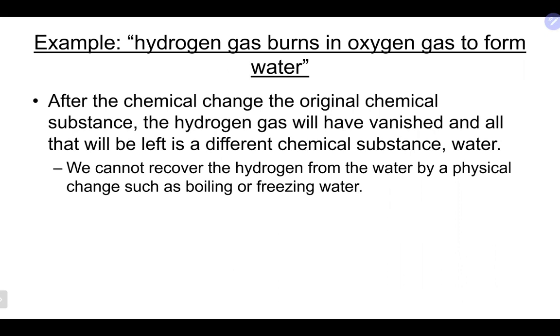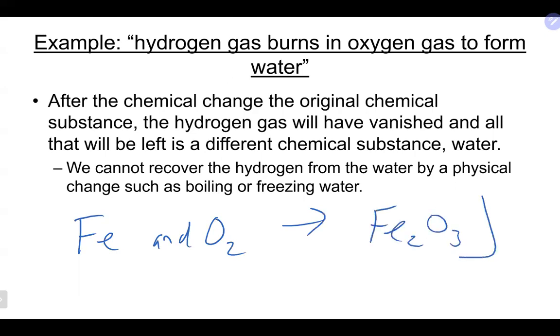When we form something like rust, rust is basically iron and oxygen coming together. And when it comes together, it forms iron(III) oxide, which is rust. But basically at that point, the iron and the oxygen are now bound together.